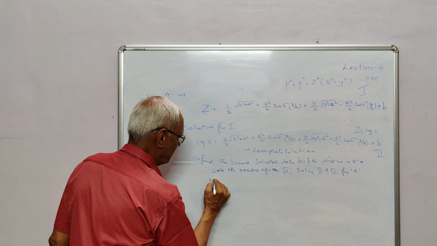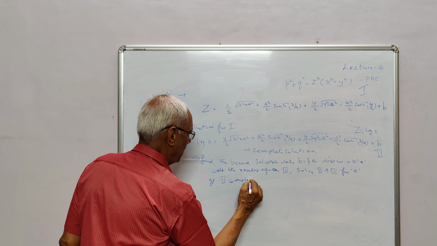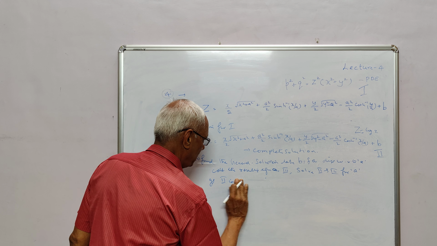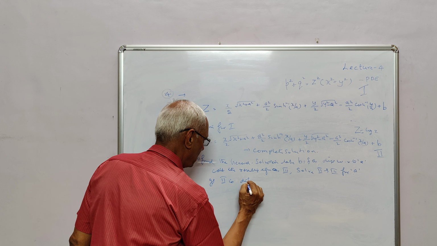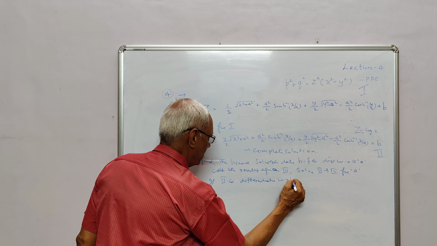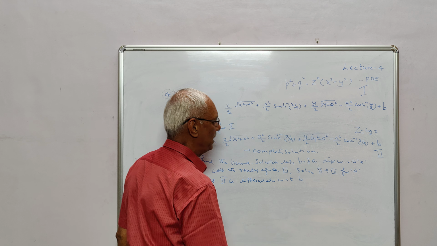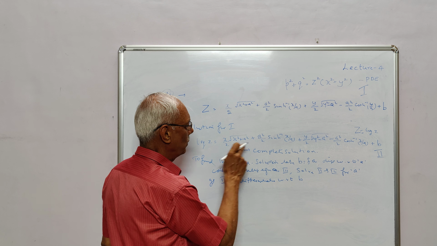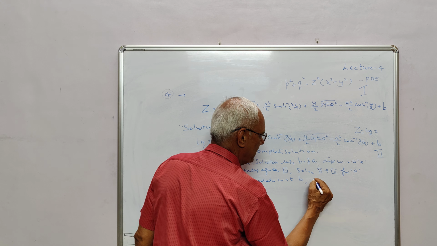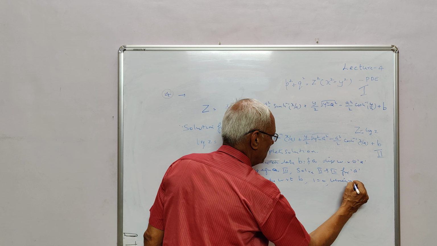Now, if 2 is differentiated with respect to b, the left hand side is 0, everything here will be 0, but differentiation of b with respect to itself is 1, so 1 is equal to 0, which is absurd.